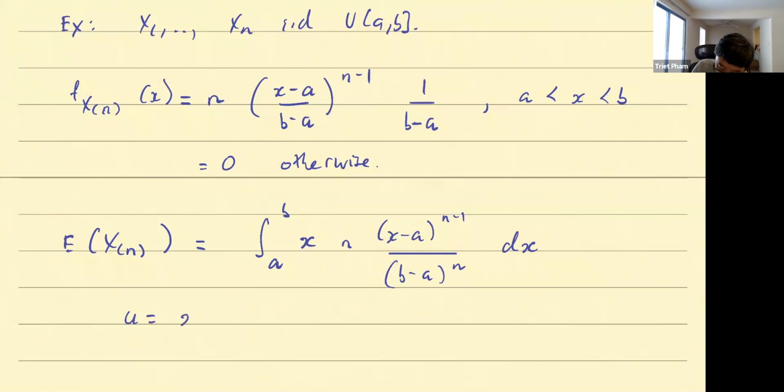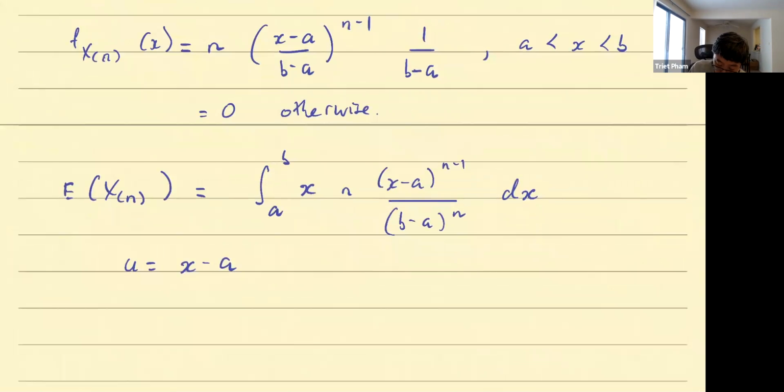The right answer is you want to do a change of variable, u equals x minus a. You definitely do not want to mess around with this n minus 1 power. Or I would do something like this, because I don't even need to do that. I would multiply, and I would add and subtract x minus a. It's the same thing.